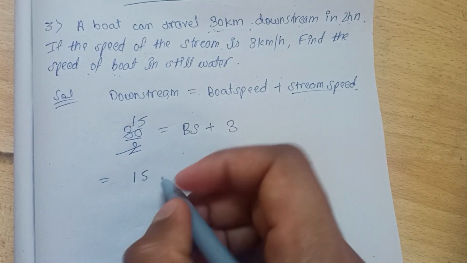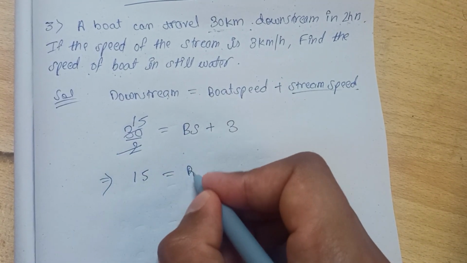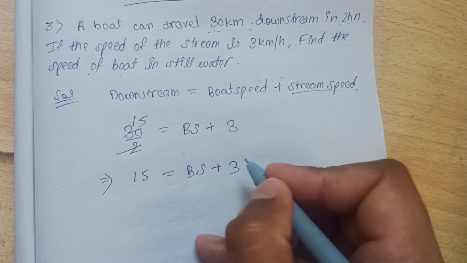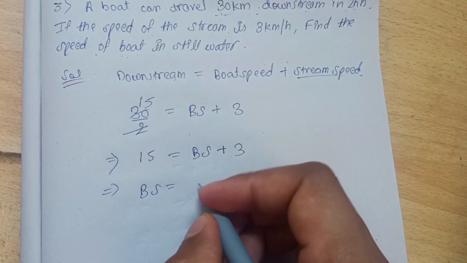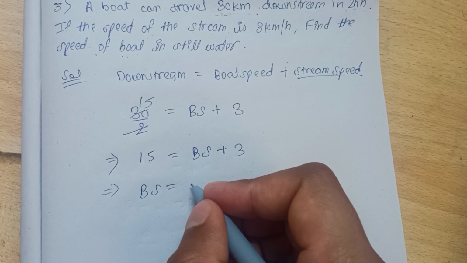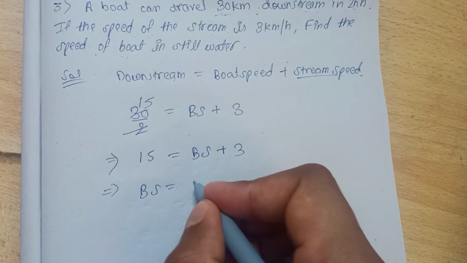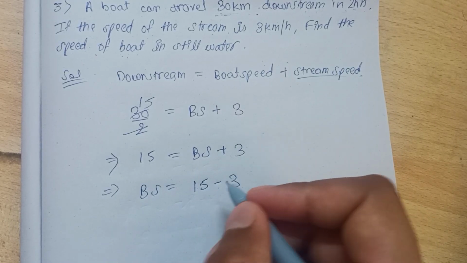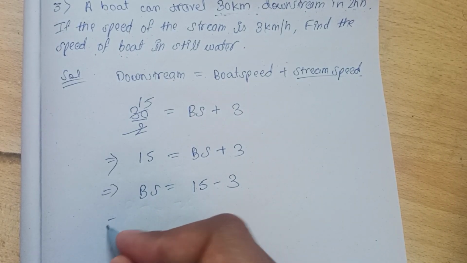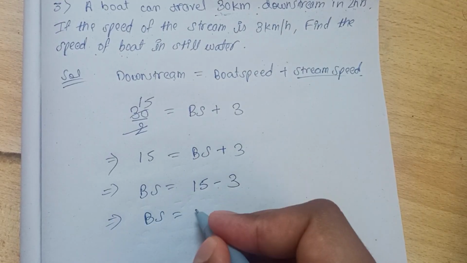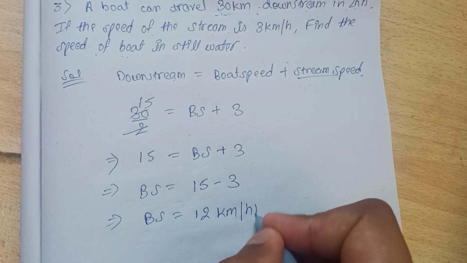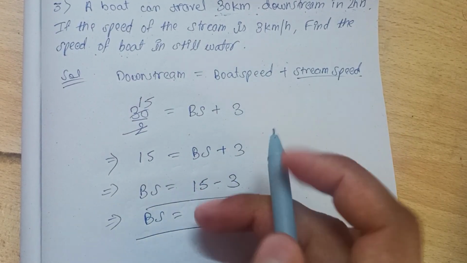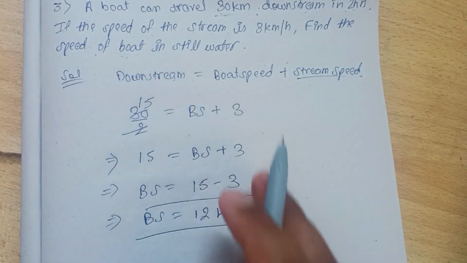So 15 is equal to boat speed plus stream speed. So the boat speed will become 15 minus 3. So the boat speed we get is 12 kilometer per hour.